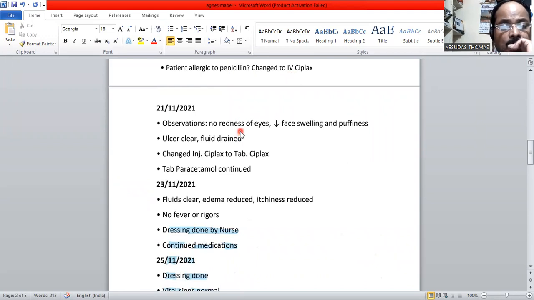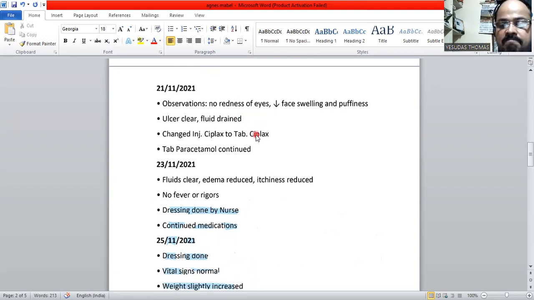The next day, redness has reduced, swelling and puffiness has reduced. The fluid was drained from the ulcer. So she had made visible progress here. The tablet is started right now in place of injection Ciplax.